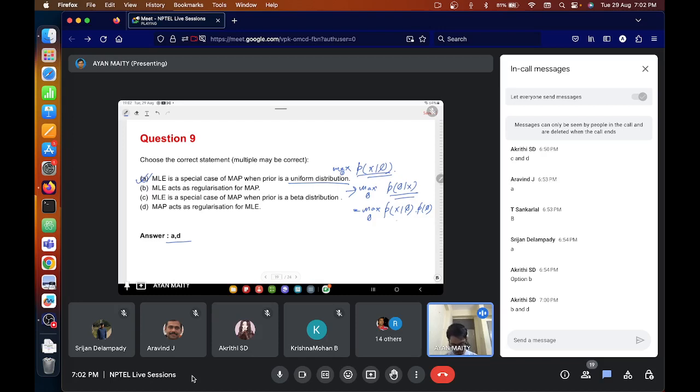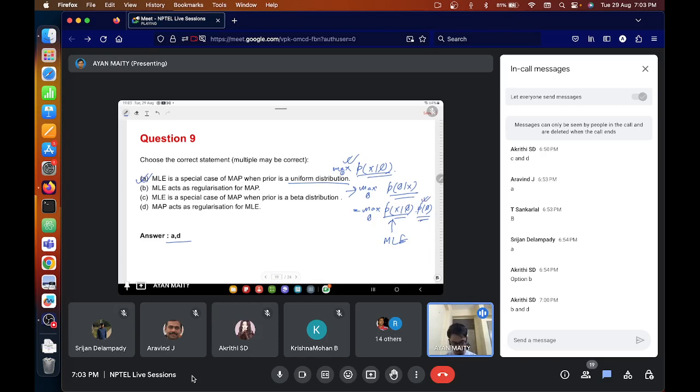So this is the likelihood, and the extra term p theta is the prior distribution of the parameters theta. If this p theta is uniform, we can remove p theta in that case.